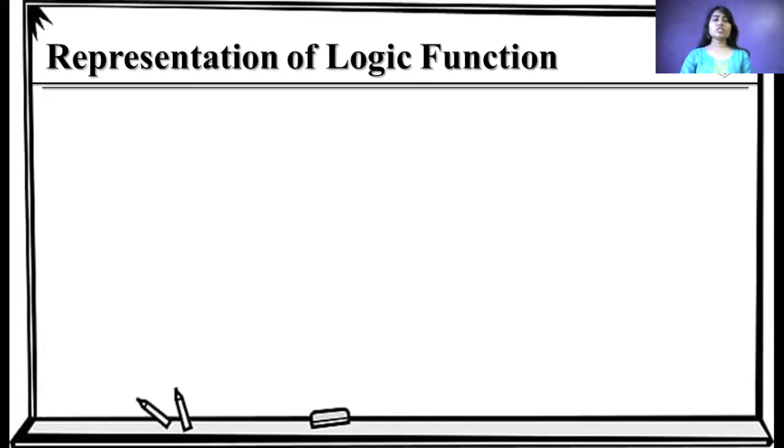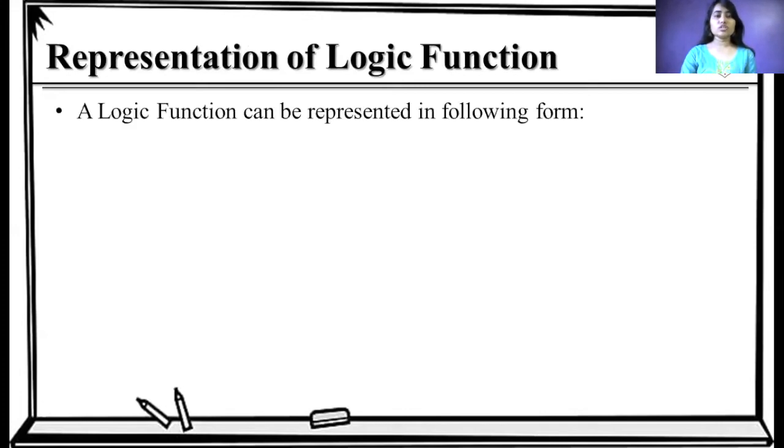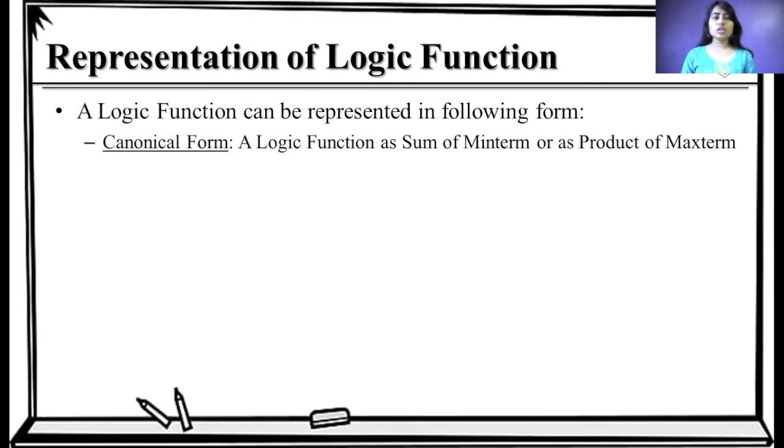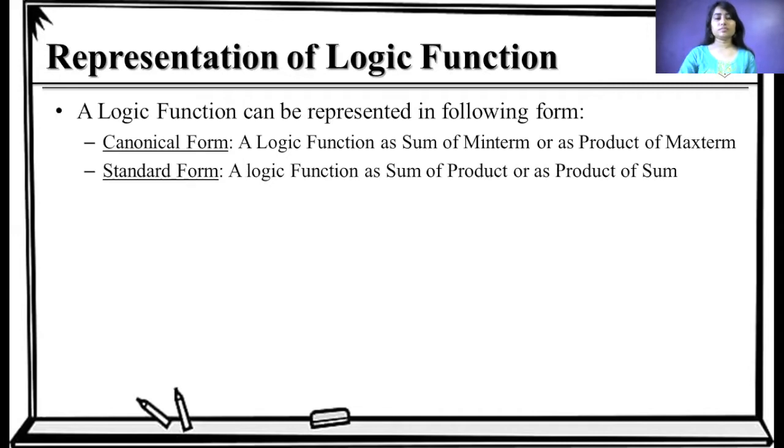Here is the representation of a logic function. A logic function can be represented in the following forms: canonical form, a logic function as a sum of minterms or as a product of maxterms. Standard form, a logic function as a sum of products or as a product of sums.